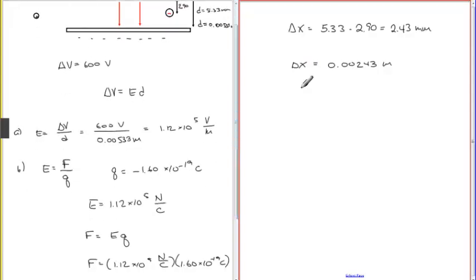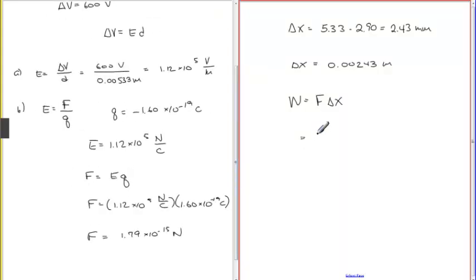And that's the force, and that's the distance. So the work is just equal to force times distance. And our force is shown right down here. So we have 1.79 times 10 to the minus 15th newtons multiplied by the distance, 0.00243 meters.